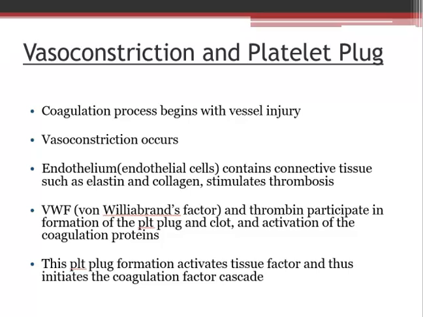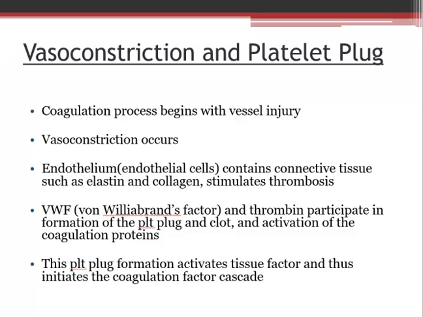And then the endothelium. And the endothelium is just a thin membrane that lines the inside of the blood vessels. So those endothelial cells contain connective tissue such as elastin and collagen, which stimulate thrombosis. And thrombosis, again, is clot formation.